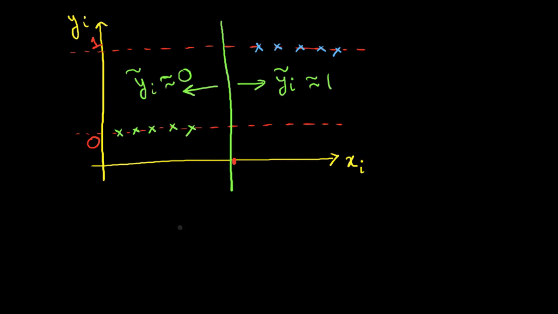Now this is a perfect classification problem because we have a clear boundary and all the points with yi equal to 1 are on the right side and all the points with yi equal to 0 are on the left side. But this seldom happens in real life.